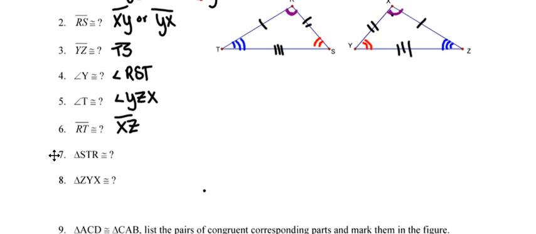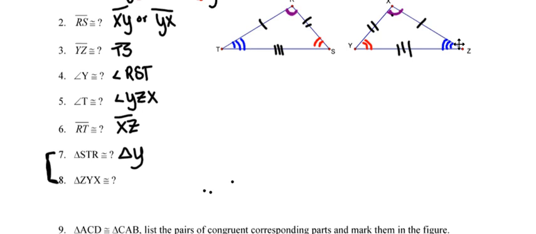And then when we get down here to 7 and 8, it's when we name these triangles that we really have to be super careful about matching up the corresponding parts. So S in the first triangle is my red angle. I need to make sure I pair that up or make that correspond with angle Y in the second triangle.